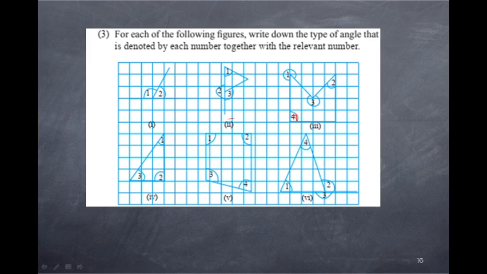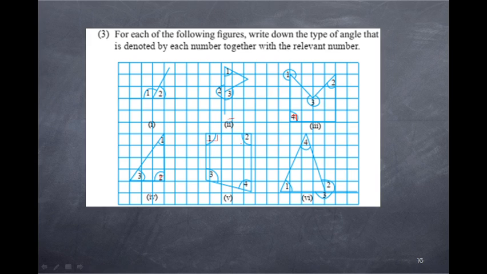Look at the fourth picture. The first one is acute, the second one is a right angle, the third one is an acute angle. Look at the fifth picture. The first one is an obtuse angle, or can we fit a square here? Yes, so it is a right angle.